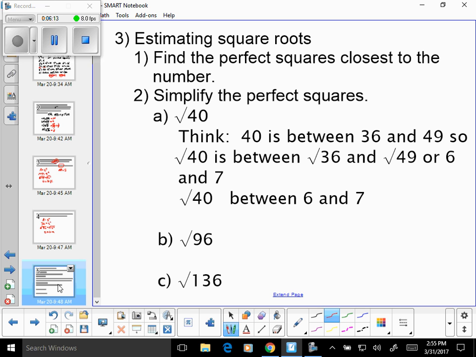The one that's just lower, the one that's just higher. And this is where your perfect square list may help you. 40 is between 36 and 49. So the square root of 40 has to be between the square root of 36 and the square root of 49, or it has to be between 6 and 7.